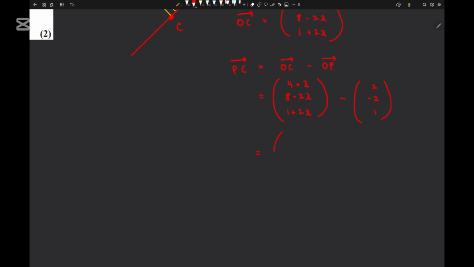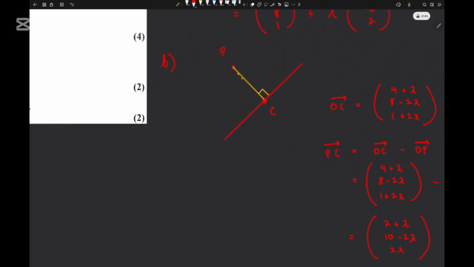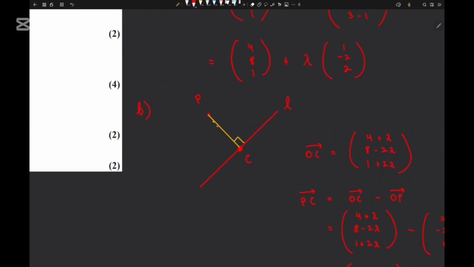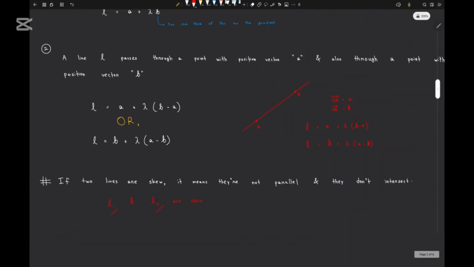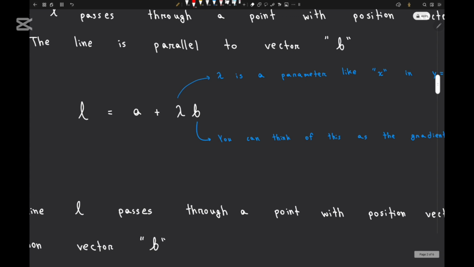So this can be written as (2 plus lambda, 10 minus 2 lambda, 2 lambda). You just need to subtract the corresponding values. So this is the PC vector. Now since this is the line L, this is where the concept comes in, that this can be written as the gradient of the line.